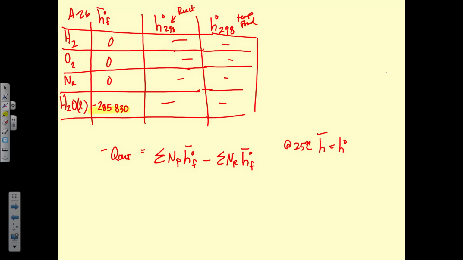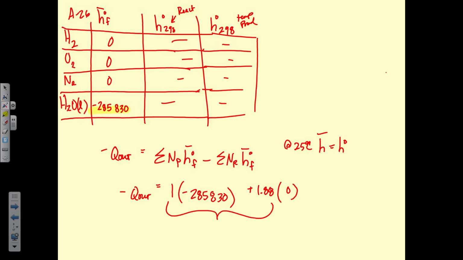So if we plug that into our equation, we have negative Q out equal to 1, the number of moles of our product, times the enthalpy of formation, which is negative 285,830 for water, plus 1.88 times the nitrogen, which is 0. So this is our products.